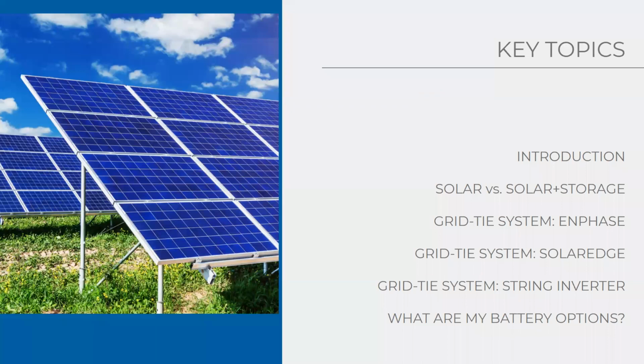We'll just talk a little bit about who I am and what I do at Soligent, and then dive into what I typically like to use as an overview of what are the distinctions between a grid tie solar system by itself as opposed to a solar plus storage system, because there are a lot of similarities, but the distinctions are what I want to focus on so that installers and homeowners understand where those two types of systems differ.